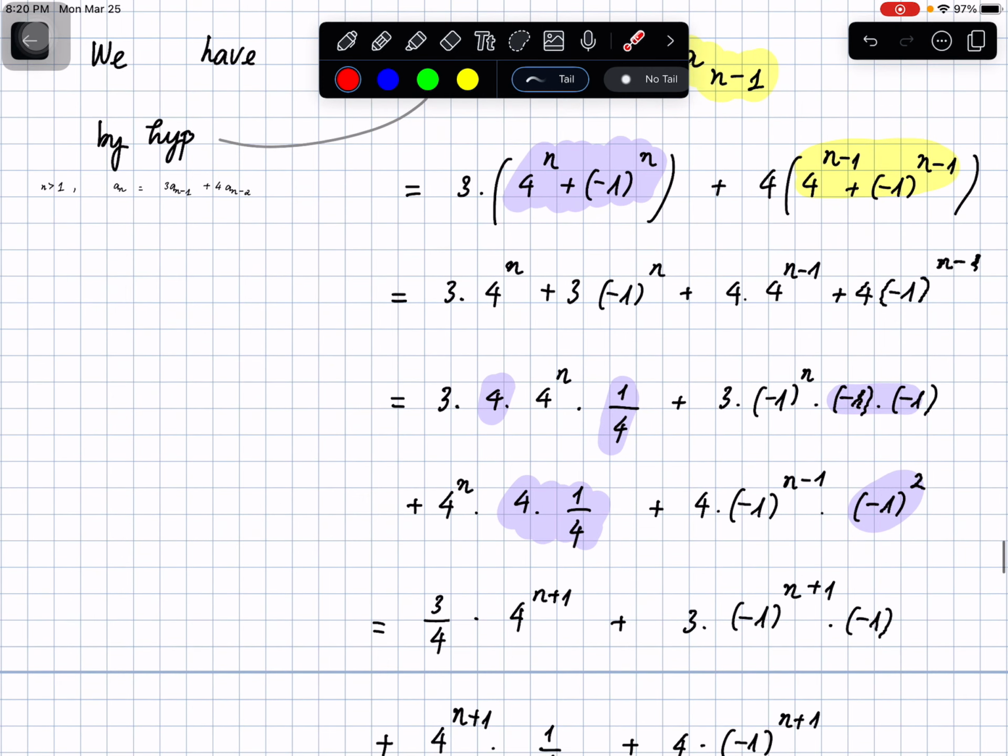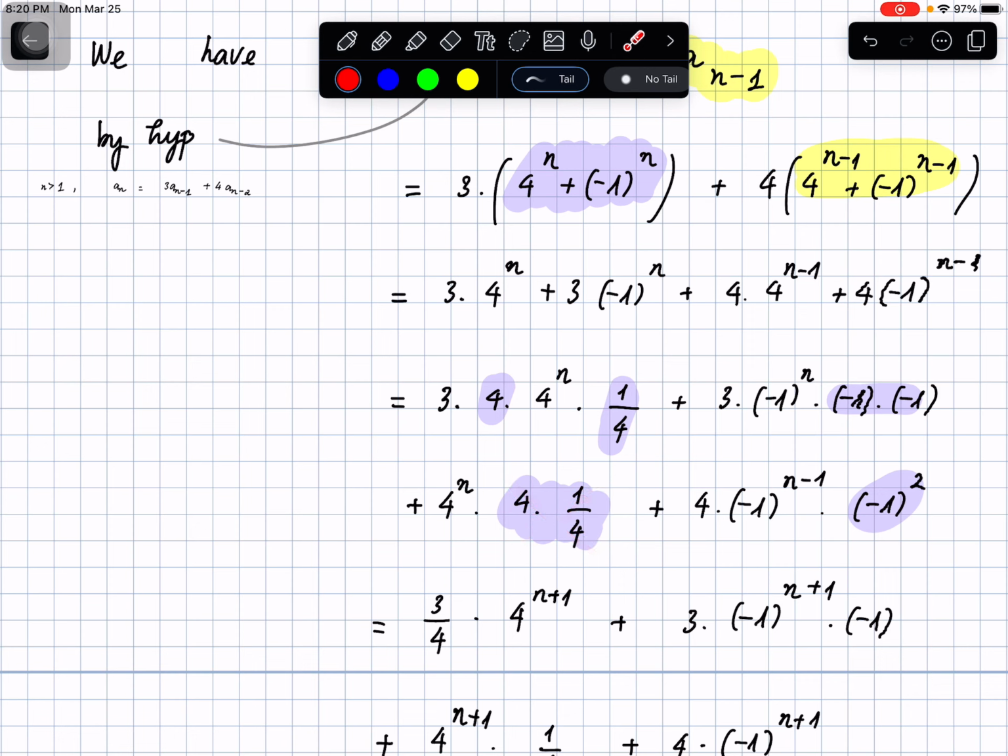Okay, similarly, we can do that for this term. We want to have n plus 1. So we have 4 times 4 to the n minus 1, which is 4 to the n. We want 4 to the n plus 1, therefore I multiply by 4. I divide it by 4. So this cancels out, and nothing changed, right?